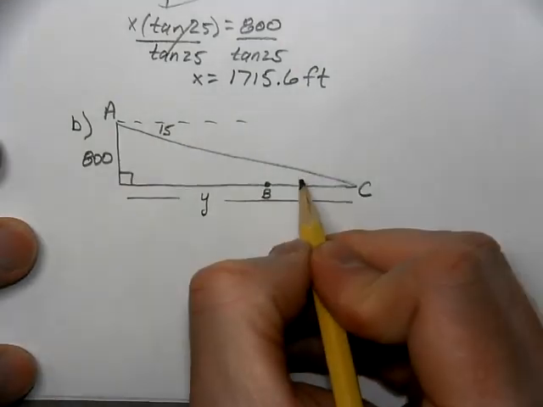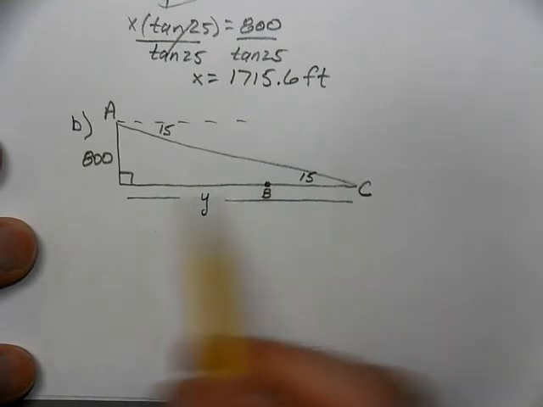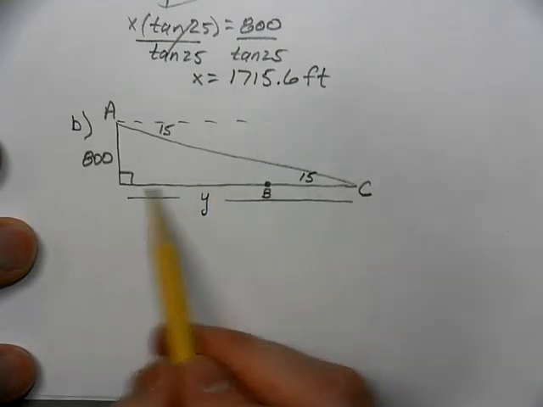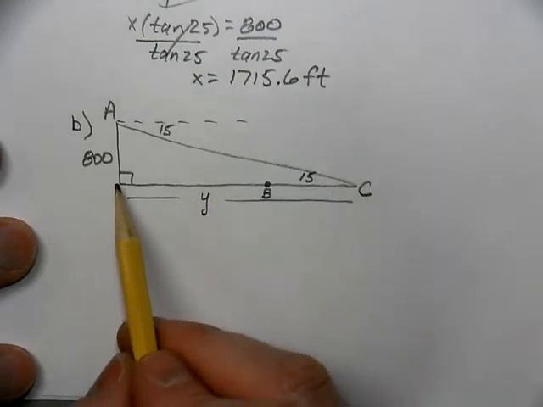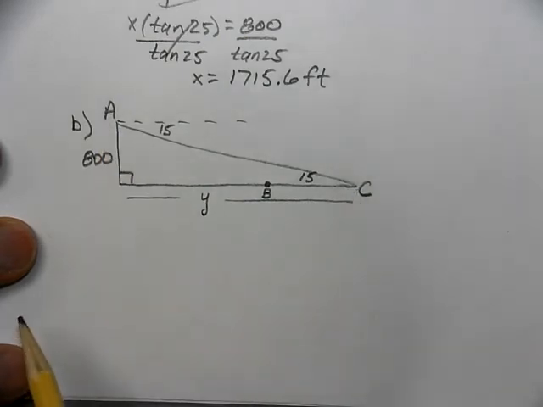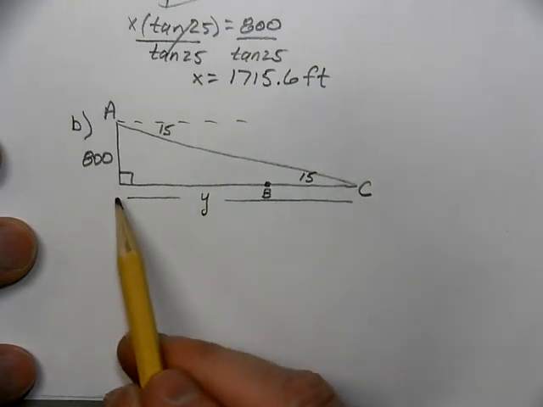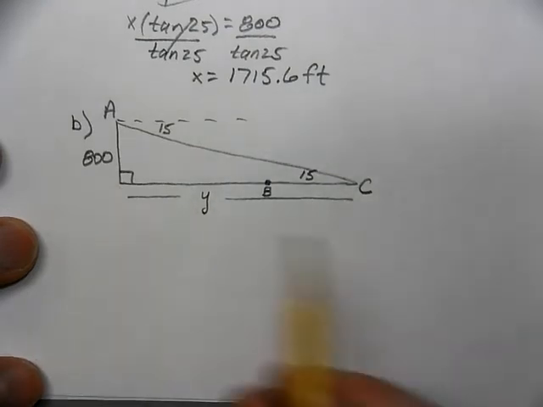We know alternate interior angles makes this 15 degrees. Here's point B. Person C is further from the base of the plateau. So we're looking for the value of y. It goes all the way from right underneath it to point C.